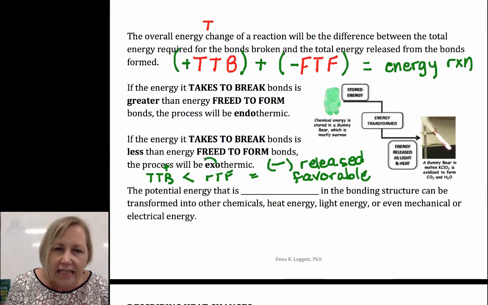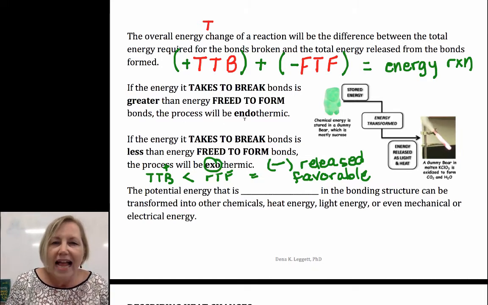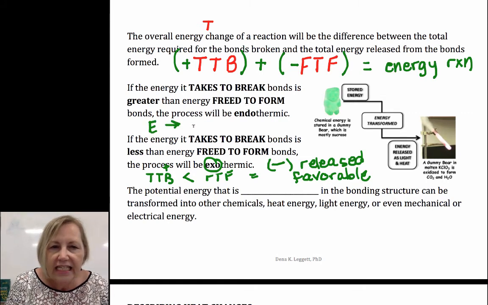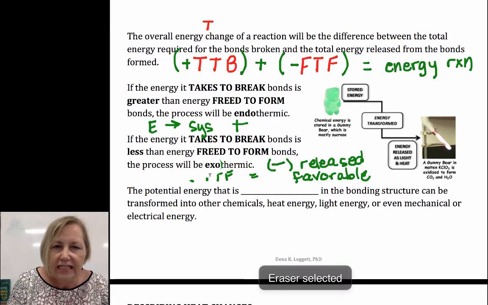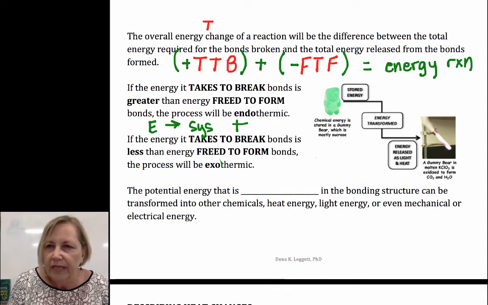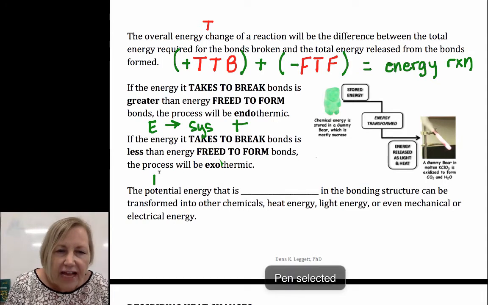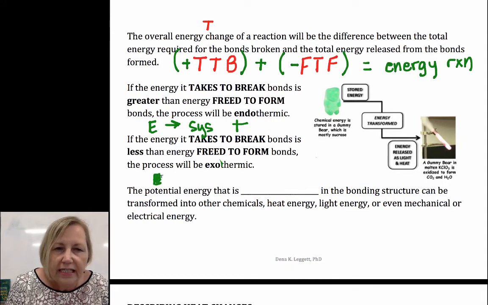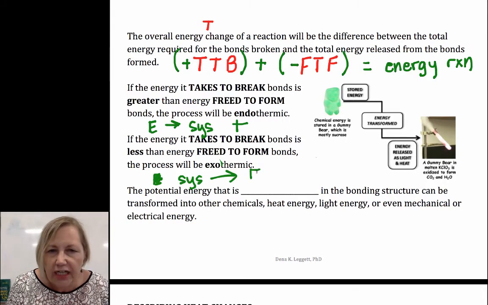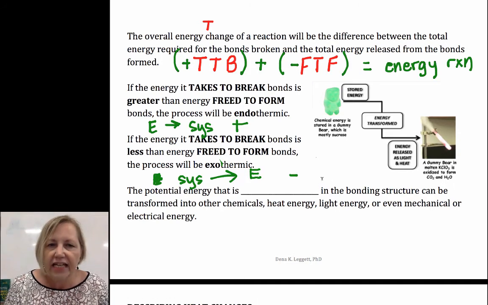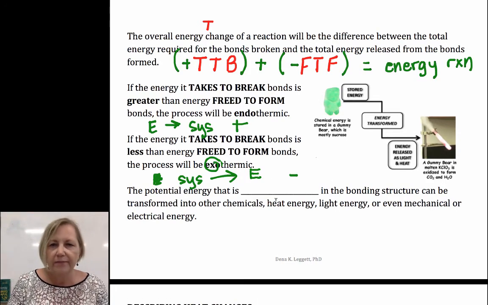Endothermic means energy has to go into the system overall, and that's going to be positive. If the system releases energy, that's negative, and it's called exothermic.